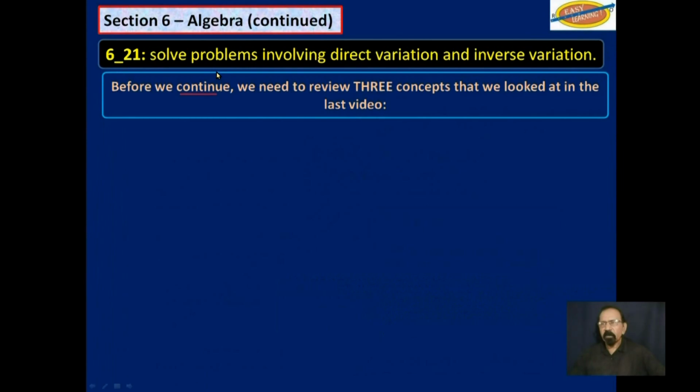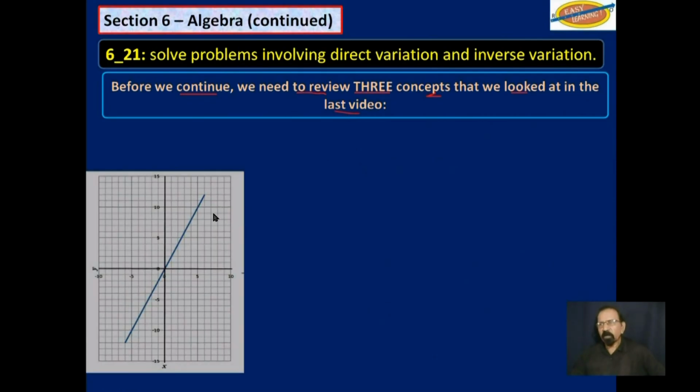Before we continue, we need to review three concepts that we looked at in the last video. First one is this one here, direct linear variation, where y varies directly with x, and so y is equal to kx. We will look at a few of those that we already looked at.